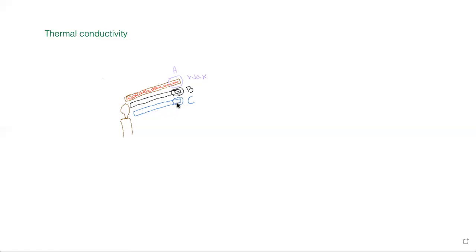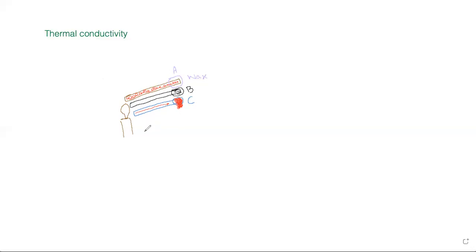And if, for example, the wax on rod number 3 melted first of all, so this wax melted down before the other two rods, what does it mean? It means that the thermal energy was conducting faster in rod number C compared to B and A, isn't it? Yes. So what does it mean?